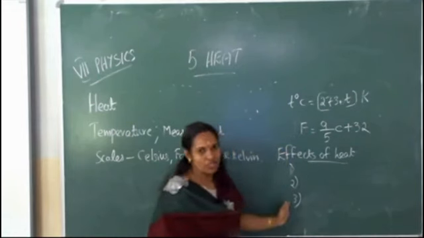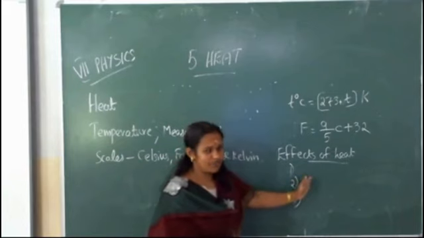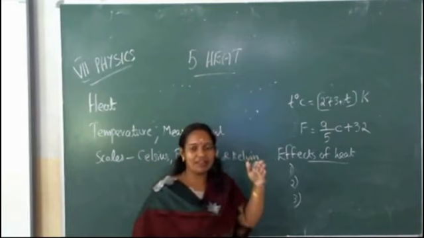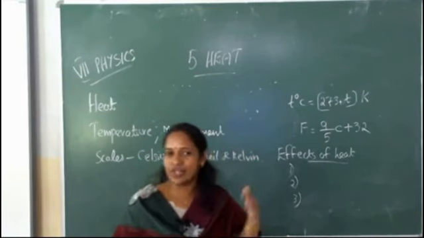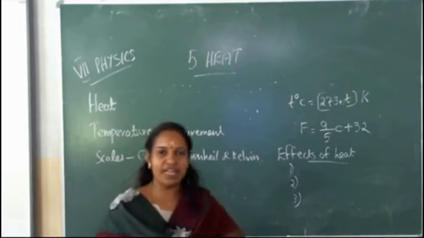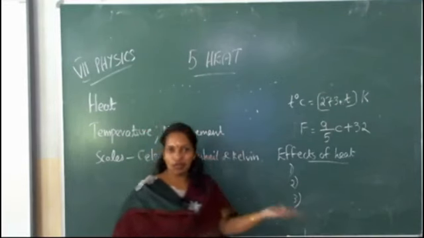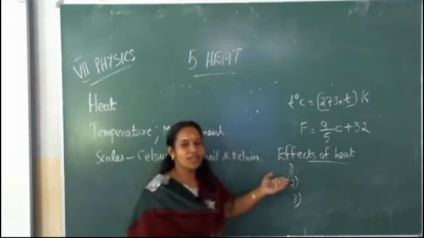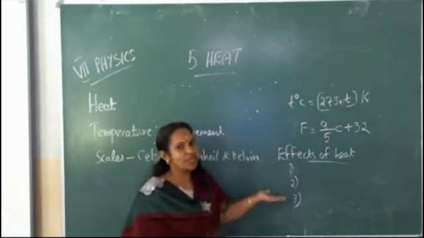Next, 3 effects of heat. First one is change in temperature. If you are heating an object, its temperature increases. If you are cooling an object, its temperature decreases. And again, the change in temperature depends on 3 factors. First one is quantity of heat given. If you are giving a large amount of heat to an object, the increase in temperature will be more.